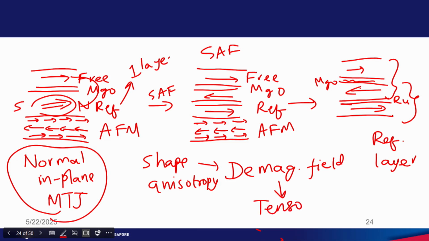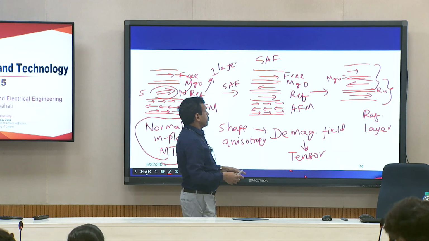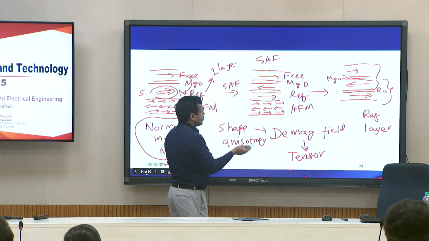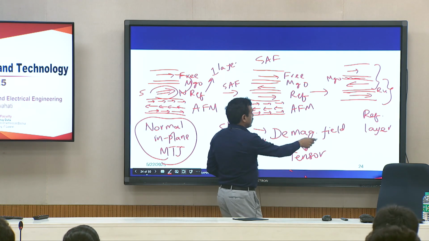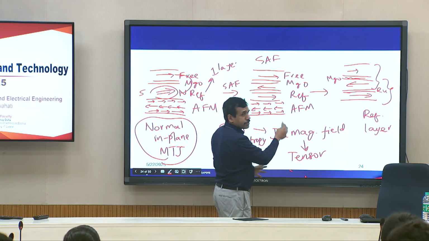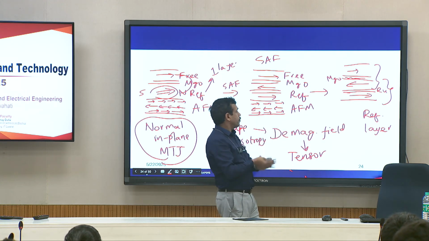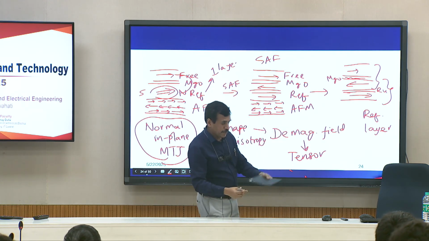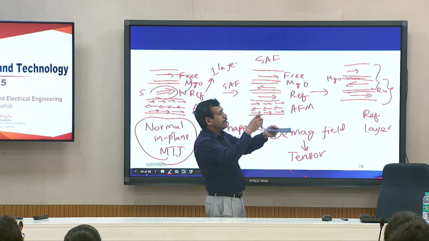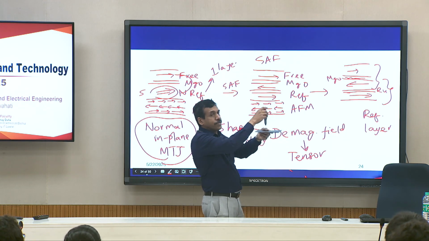So depending on the shape of your object, you have a demagnetizing field tensor. If your bulk magnet is in spherical shape, this demagnetizing tensor has equal value in all directions because spherical is uniform, right? If you have a flat object like this, the demagnetizing field is stronger in this direction.